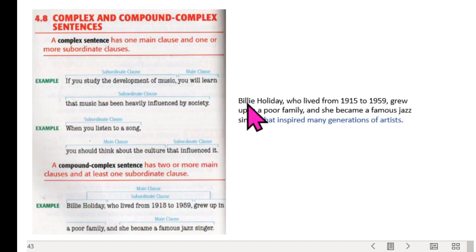One example I provide is: Billie Holiday, who lived from 1915 to 1959, grew up in a poor family and she became a famous jazz singer that inspired many generations of artists.